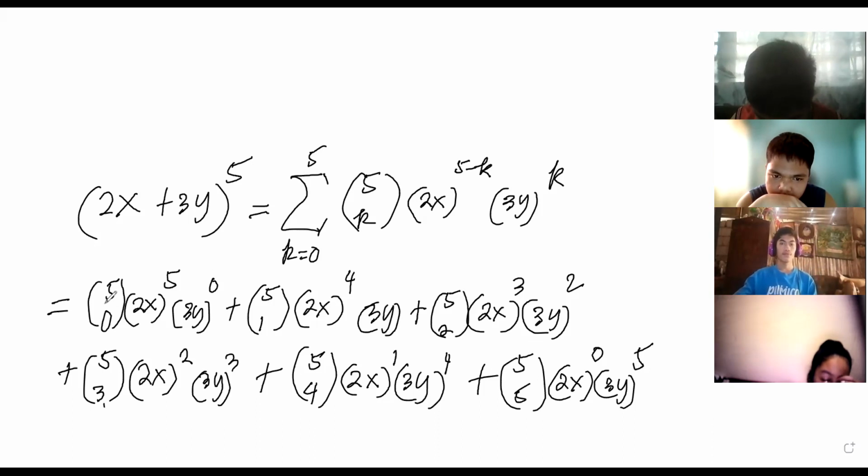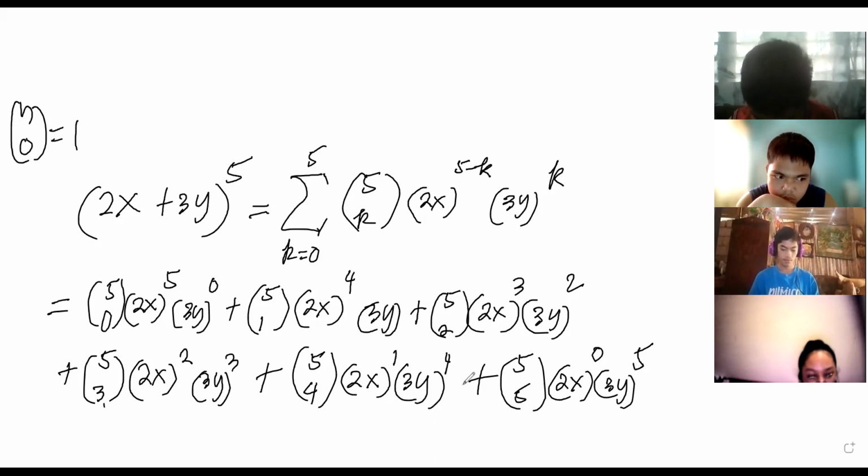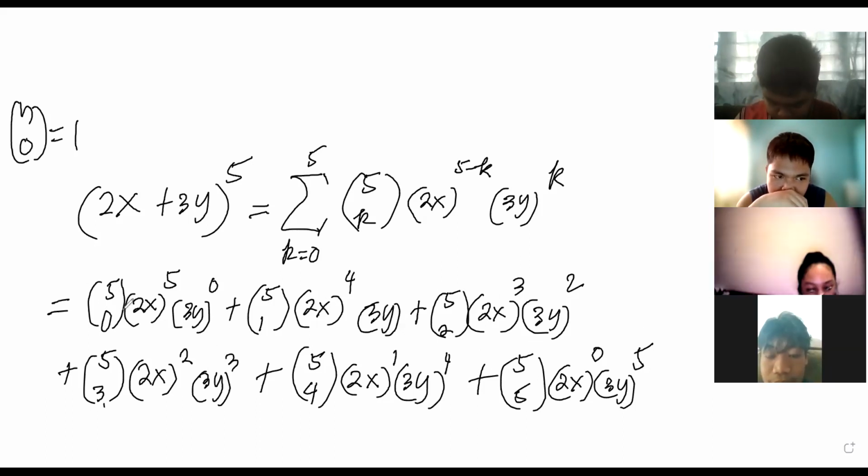So if you look at here, as I mentioned a while ago, if you have n taken 0, that is just equal to 1, right? So it is just 1 here. Agree? Agree, class? Yes, sir. This is just 1 here.